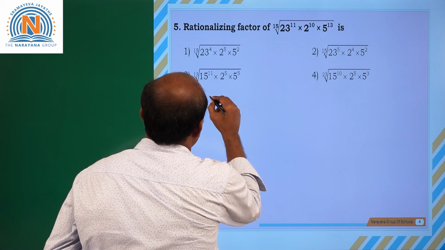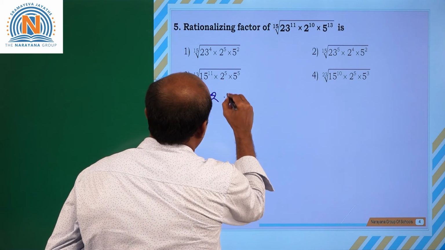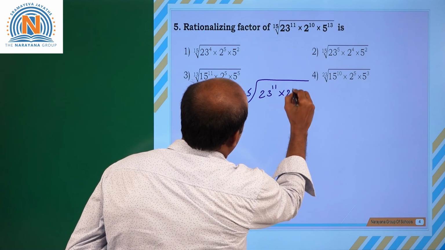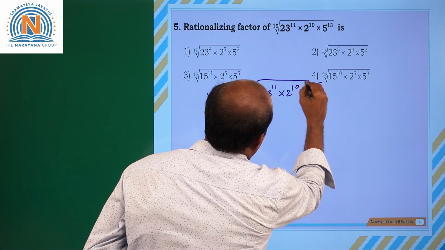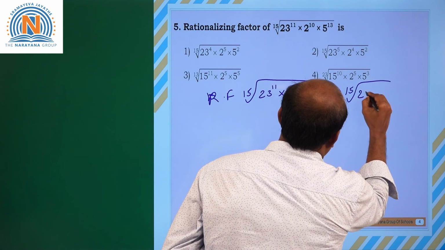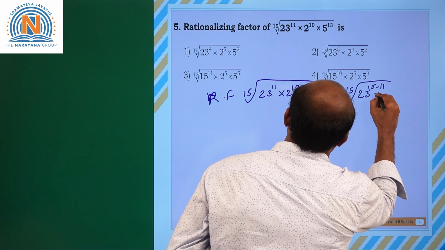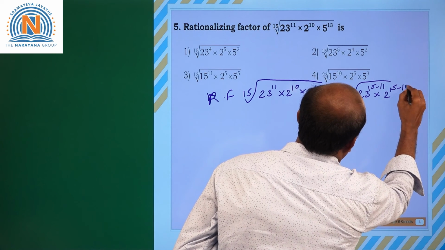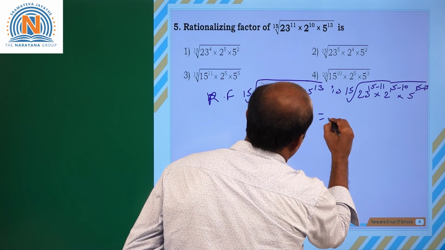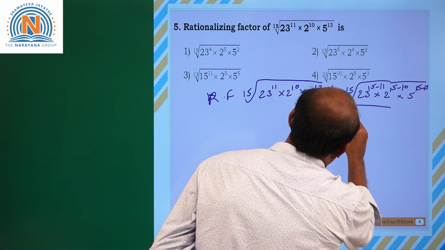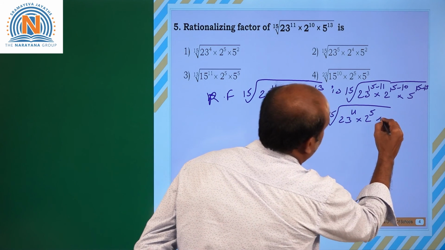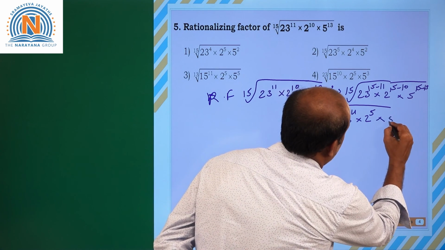So the RF is 15th root of 23 whole power 15 minus 11 into 2 power 15 minus 10 into 5 power 15 minus 13, that is 15th root of 23 power 4 into 2 power 5 into 5 power 2.